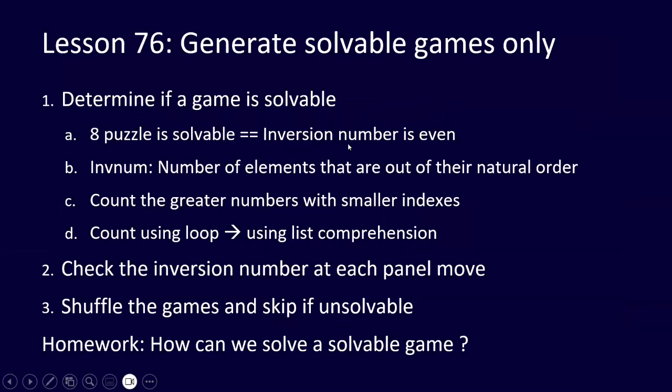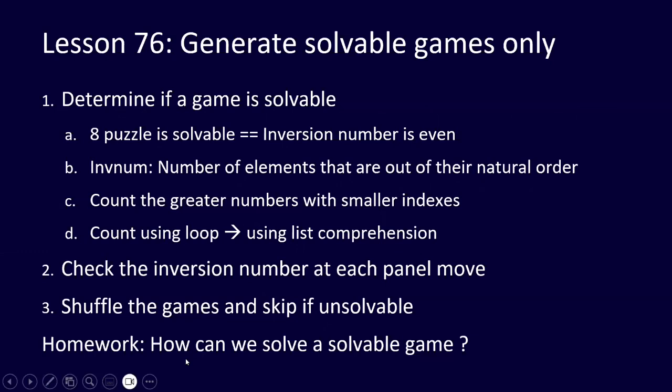The key is the inversion number, the number of elements that are out of their natural order. If the parity is even, it's solvable, otherwise unsolvable. We check all the time that the inversion number parity remains the same, whatever movement we make in sliding games.